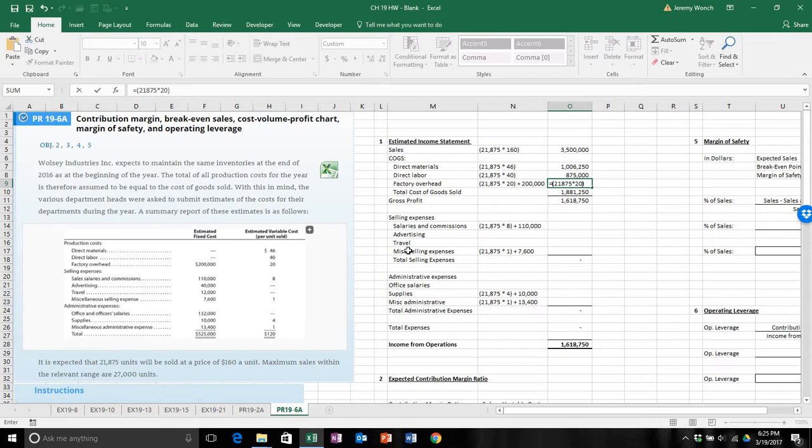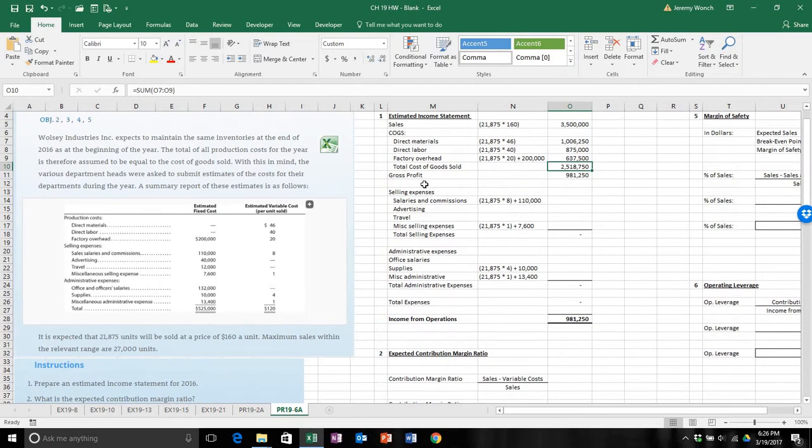Factory overhead has both variable cost and fixed cost. The variable cost is the units times the cost per unit. Then we're going to add in the fixed cost of 200,000. All right, that gets us down to a gross profit of 981, and then we plug in our salaries and commissions.